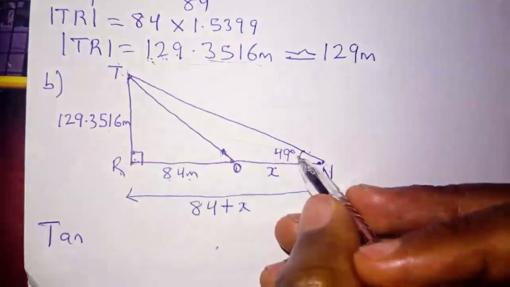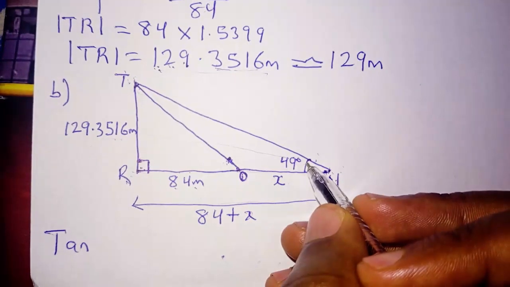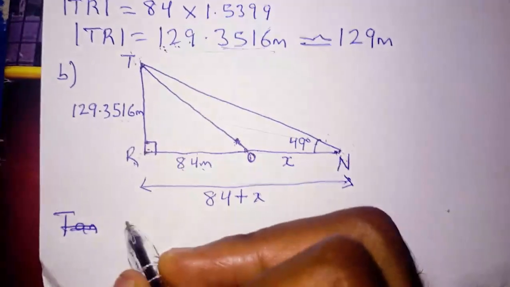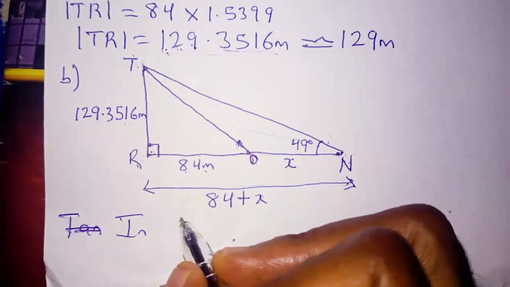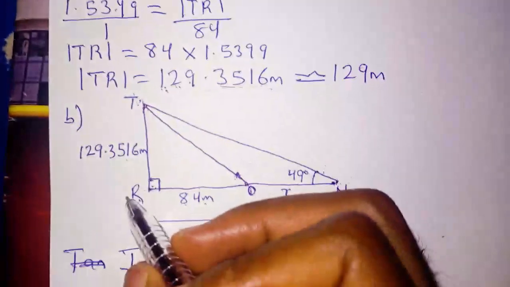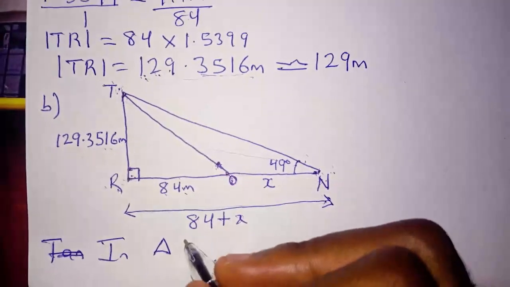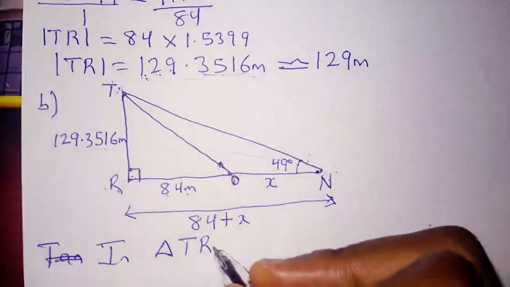Theta is now going to be 49, so I should have written that first. I should have said in triangle TRN, to show that I'm referring to triangle TRN.